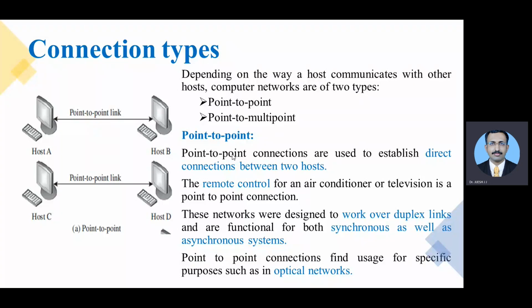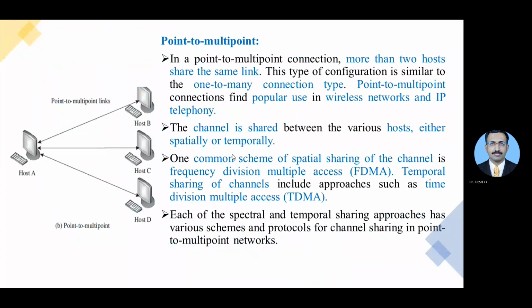So point to multi-point, what can you see? You can see that host A is connected with more than one host. That is point to multi-point. You have host A connected to B, C, and D. So this is called point to multi-point.